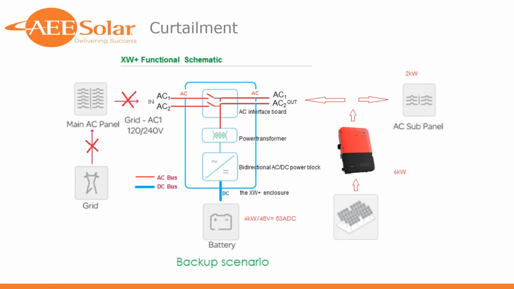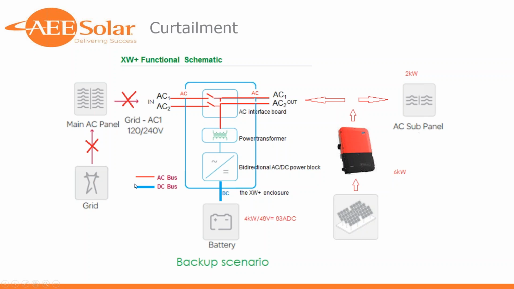Now we've got an example where the connection between the grid and the main is no longer established. So this could be an outage, this could be a conscious decision to island the system, or, in an extreme case, maybe this grid never existed and we're dealing with an off-grid system. So now what happens?